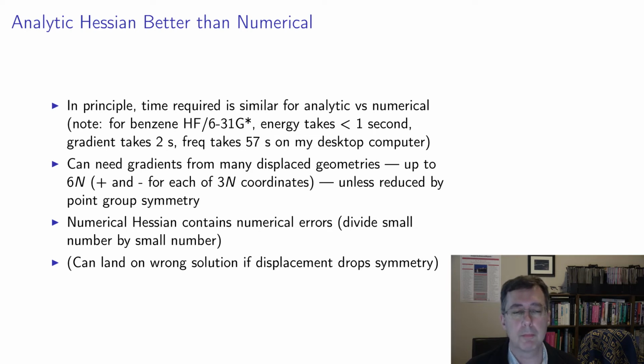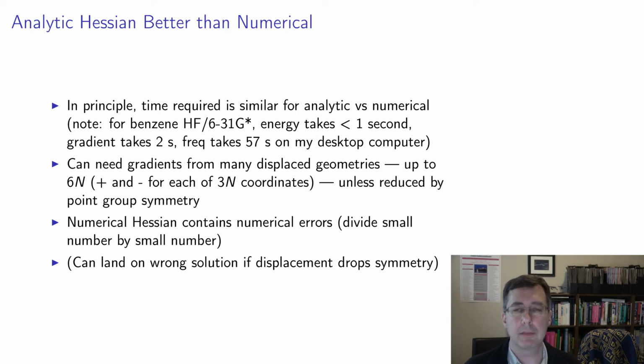So the main reason I'm recommending analytical Hessians over numerical Hessians is that the numerical Hessian is subject to numerical noise. Because I'm doing this delta y over delta x type approximation, I have small changes, delta y, in the energies or gradients that I'm computing, and I'm normally taking small step size, delta x, in the denominator, so I'm dividing a small number by a small number, and I have to be very careful about numerical precision.